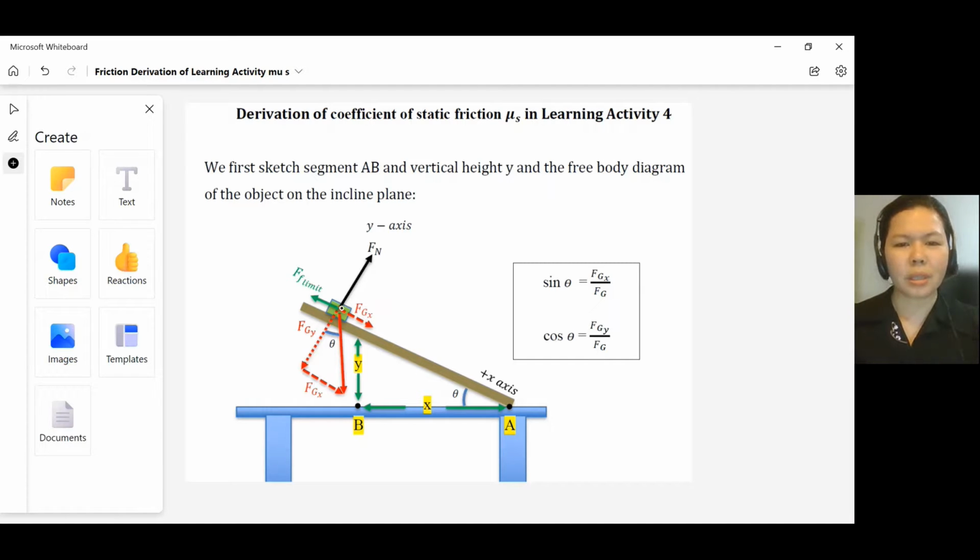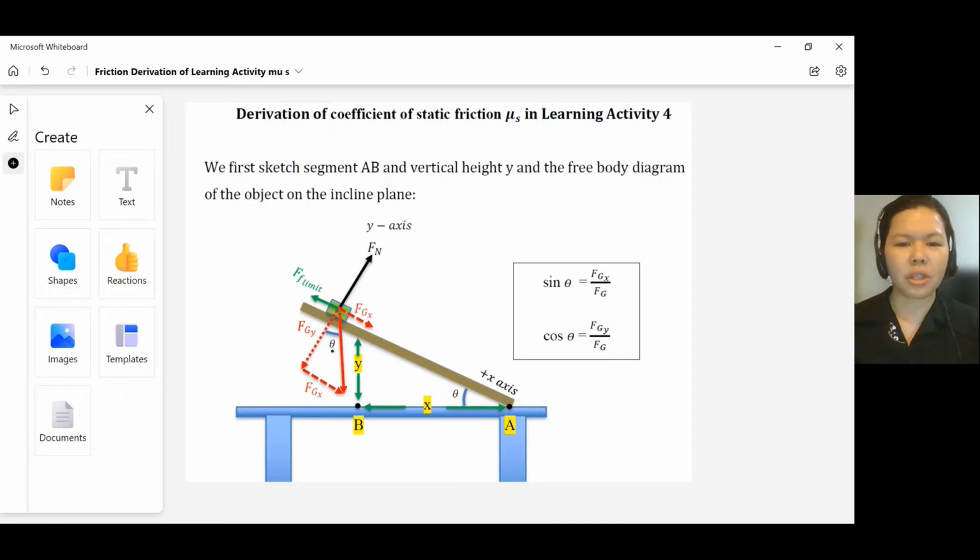Here we see that we have our free body diagram with FG. This is FG, the red arrow going down, and Fn perpendicular to the incline surface, and FF limit is opposite to where the object slides.